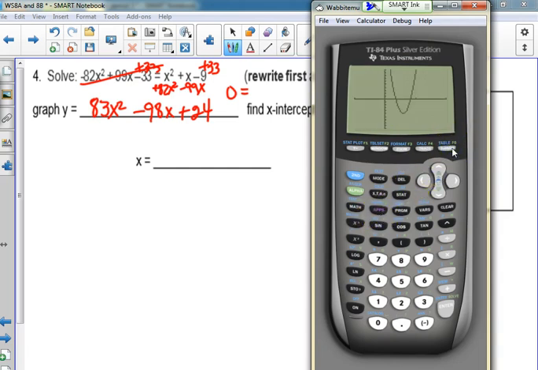Anybody got a question? All right, this is what I would do. I'm not a fan of the scrolling thing. So I would scroll around till I thought I knew where it was. I think it's around 0.3. So then I would go second trace 0. And instead of scrolling to the left and to the right, I would say my left is going to be 0.2.